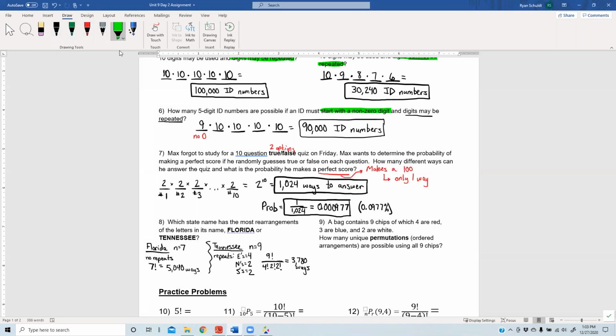Which one's greater, 5,000 or 3,000? Definitely the 5,000. So we can say Florida has more arrangements, or rearrangements, I should say. Florida has more rearrangements in the name.